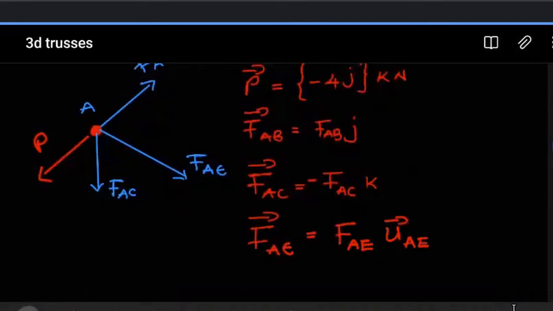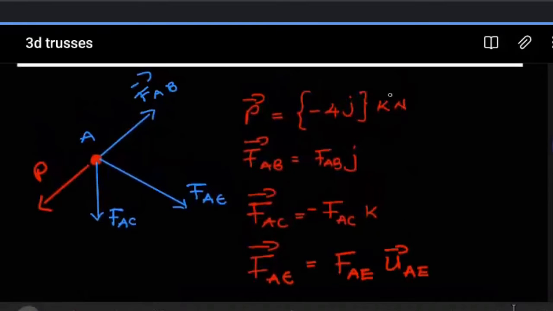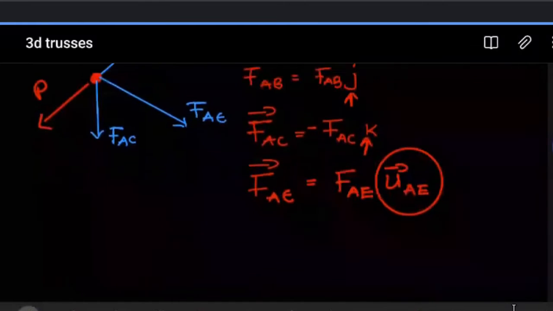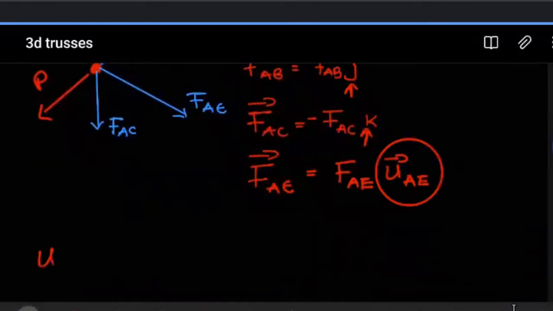In all the other three cases, the unit vector was just something specific. It was negative J, positive J, negative K. It was just one thing. It was easy. But in this case, we have to do a little bit of work in terms of finding the unit vector. So let's find the unit vector that runs in the direction of that force, from A to E.